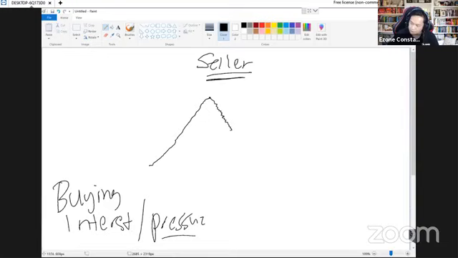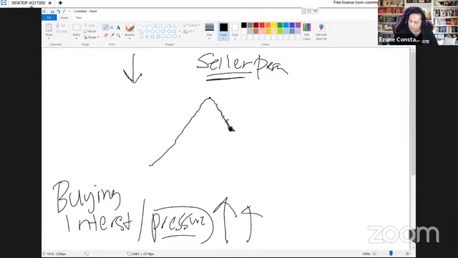Now the most important part is how this seller pressure and buying pressure meet at some point. If the buying pressure is higher than the selling pressure, then this price going down will not go further down. Every time a group here tries to sell, the buying pressure is double.